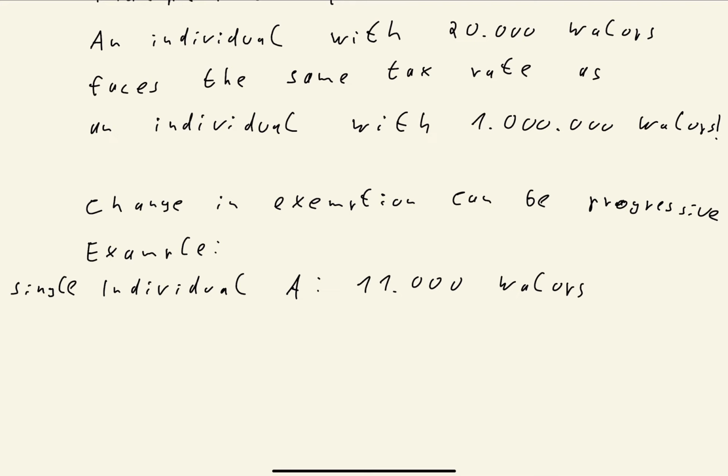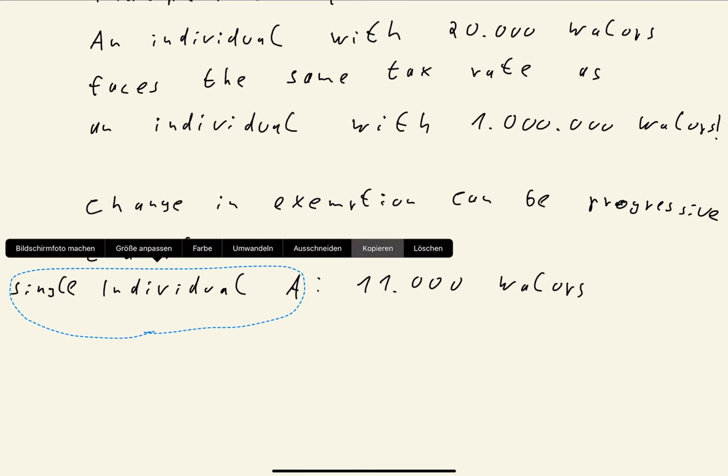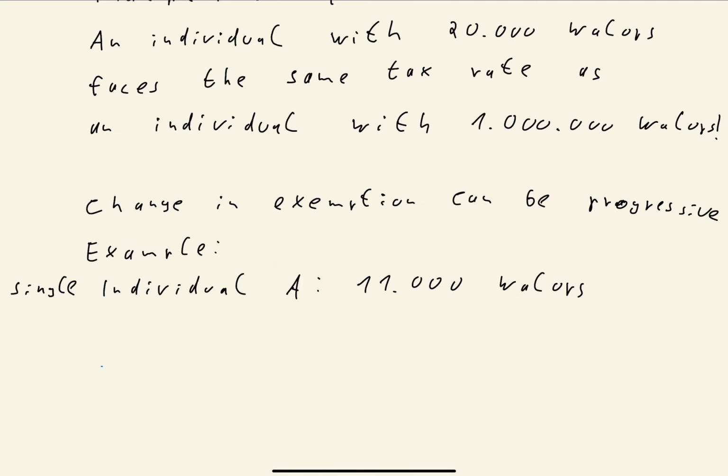Now the second, so we would have another individual, which we will denote by individual B. He has an income of 15,000 loops.